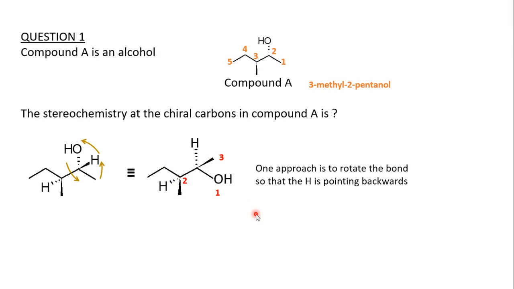So we've assigned priority to our groups, and then we look at the direction of rotation, going from 1 to 2 to 3, and we see that we're going clockwise, right? Just putting that little clock so you get a frame of reference. We're going clockwise, and clockwise means that it's going to be R at the 2 position.